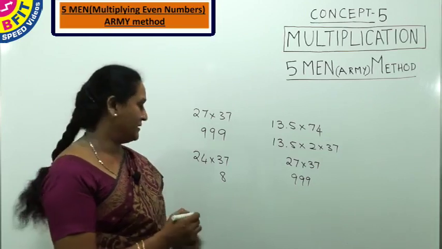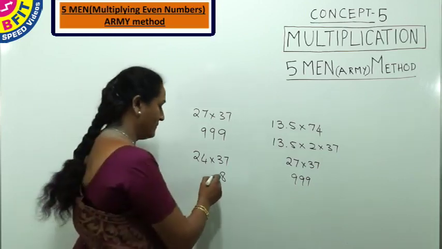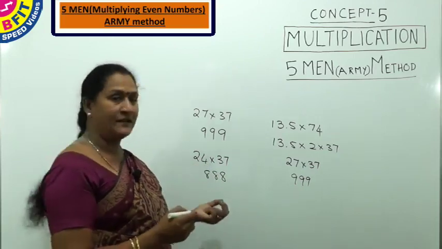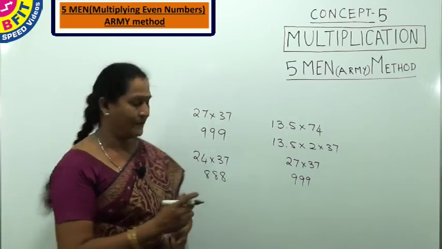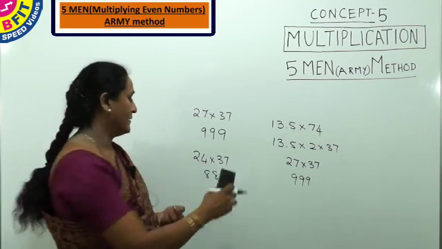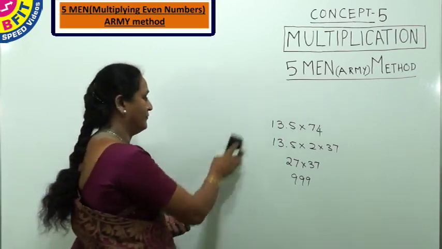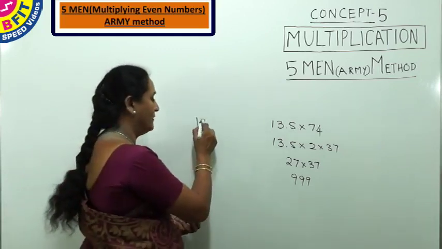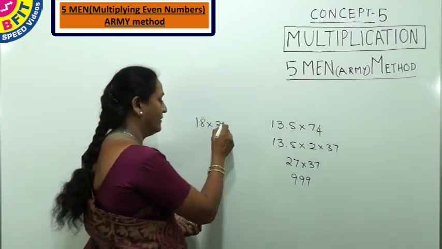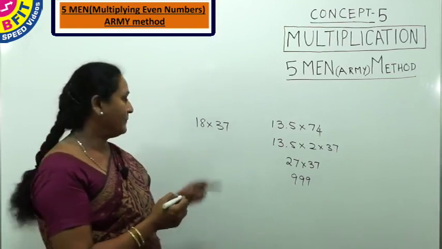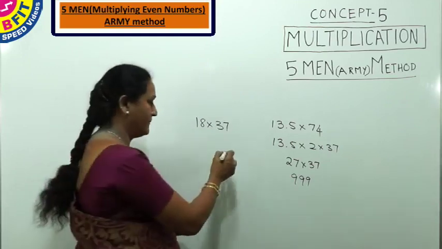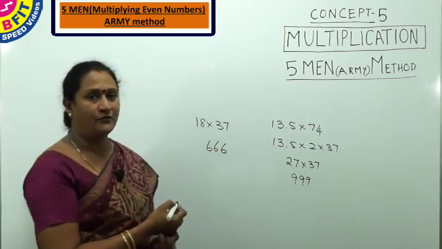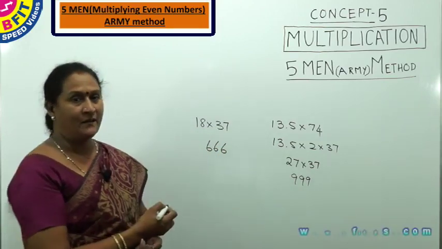It is 8, repeated thrice, so 888 is the answer. Say it is 18 into 37. Now what will be the answer? 8 into 7 is 56, and 6 repeated thrice is the product of 18 and 37.